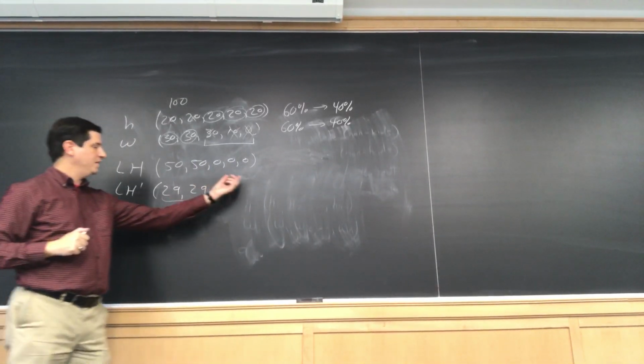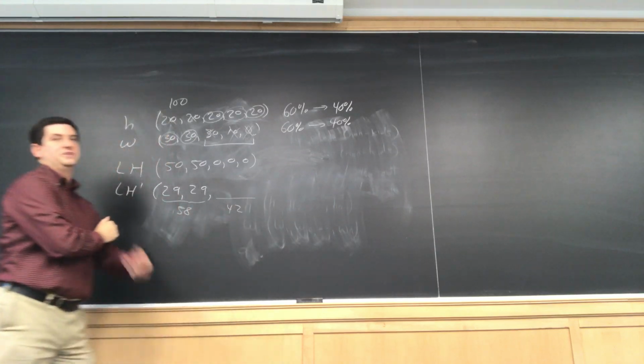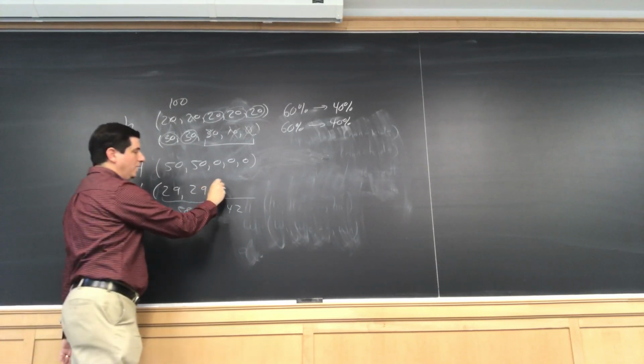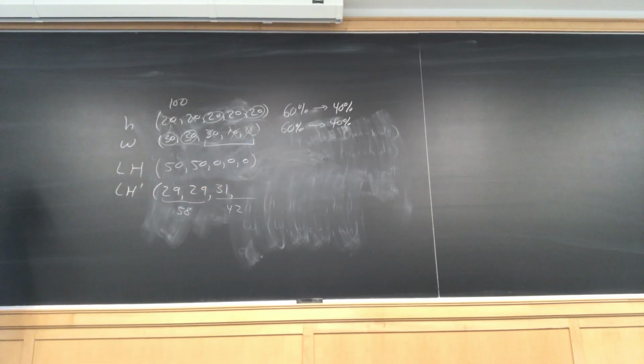How much should the husband value the rest? The husband has 42 points to distribute among the last three. How should they distribute? Something like 30, 11, 1. I might do 31, just to make sure you actually get the item.